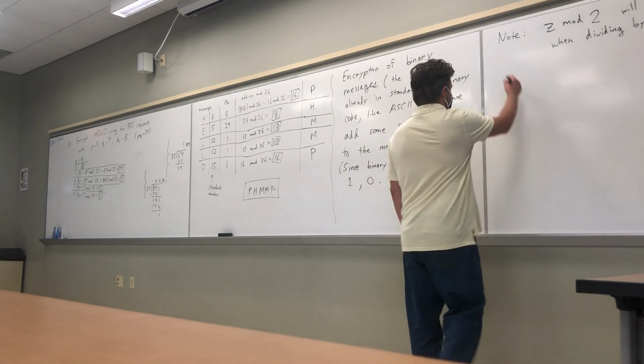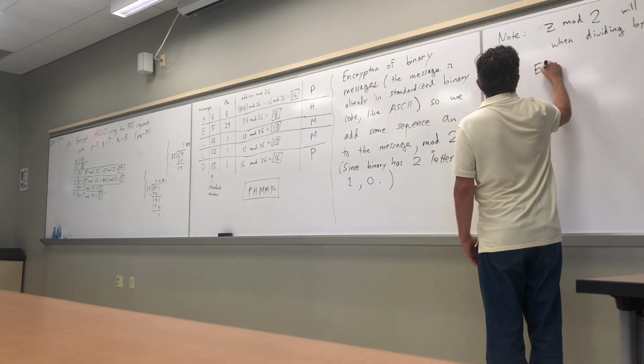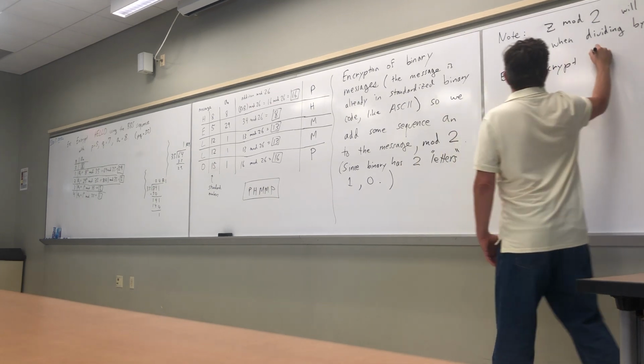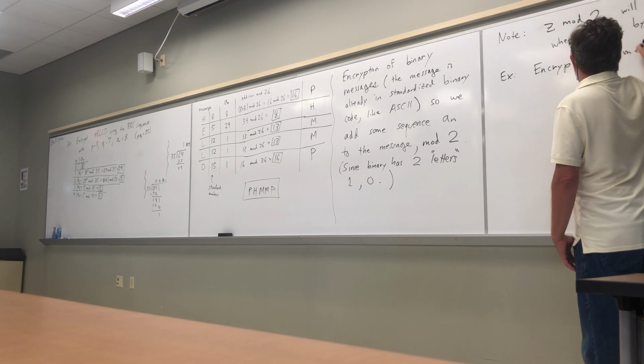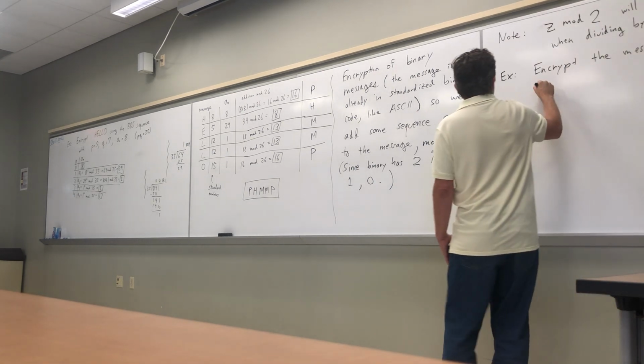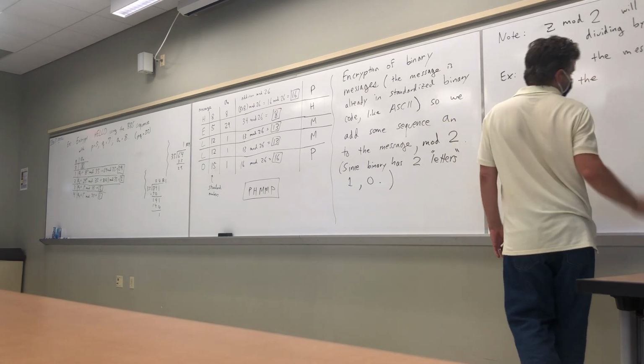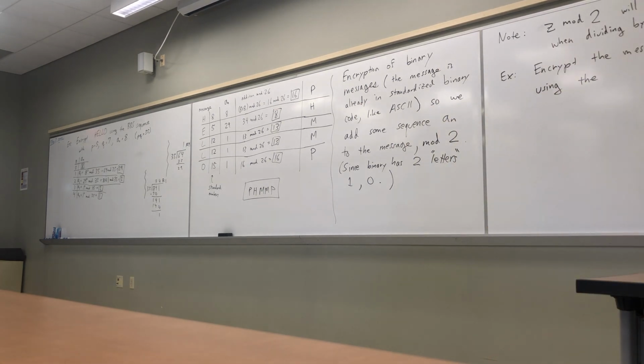Okay, example then. So encrypt the message 1101 using, let's see, what sequence should I use? Oh, I better not take up too much time.